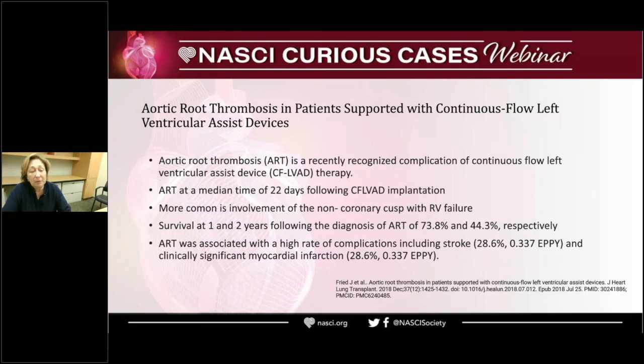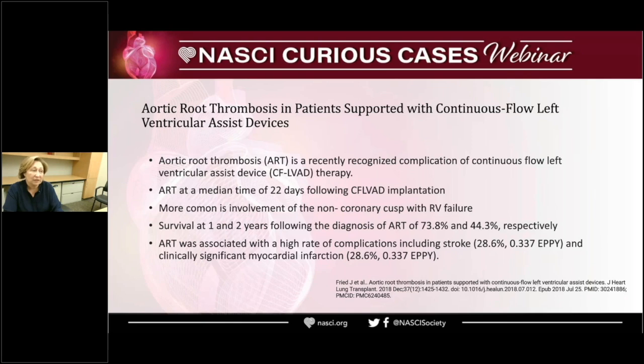It happens approximately 22 days plus or minus following implantation of the devices. More common is involvement of the non-coronary cusp, but that also results in RV failure. But in this particular case, this is thrombosis of the right coronary cusp.